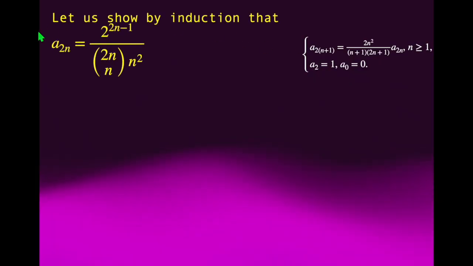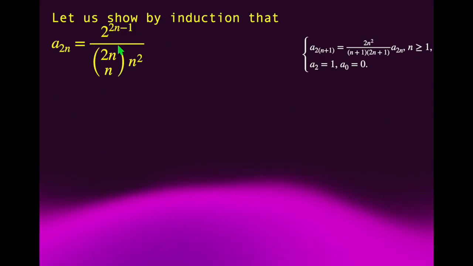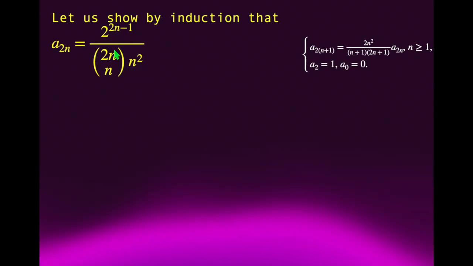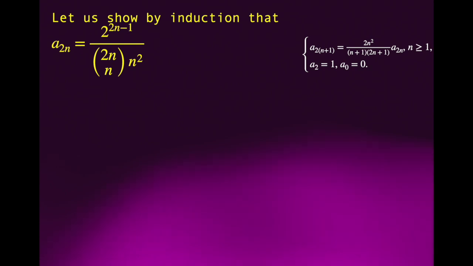Now we will use this relation to show that our sequence is actually the sequence we are looking for, which is given in the formula of the power series expansion of arcsin x squared.